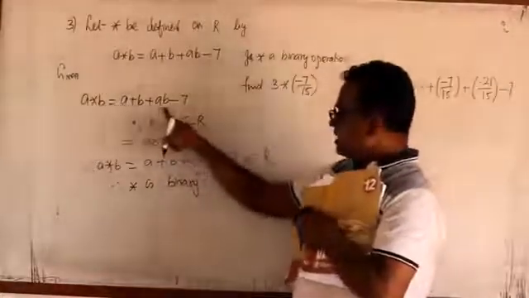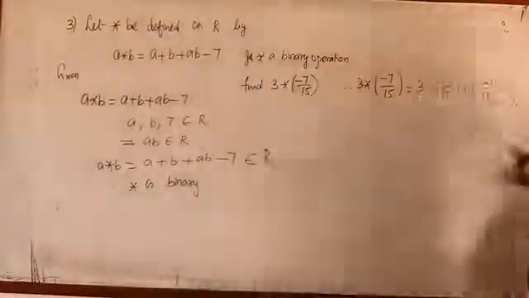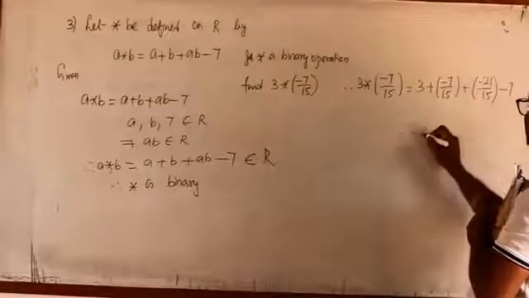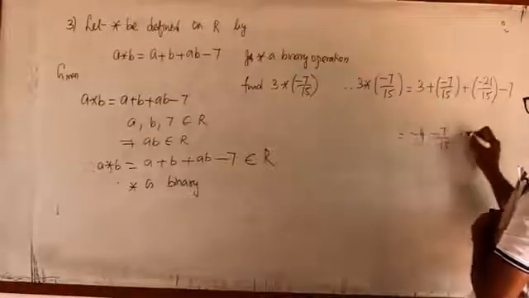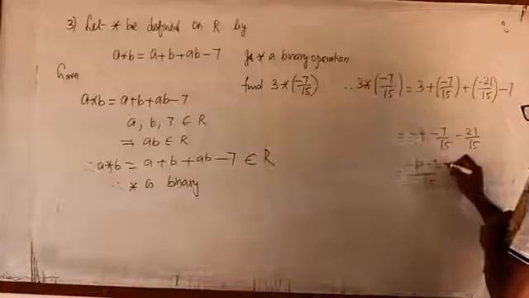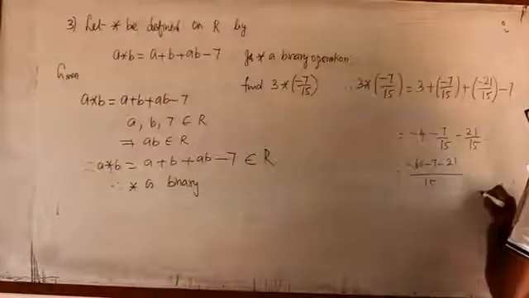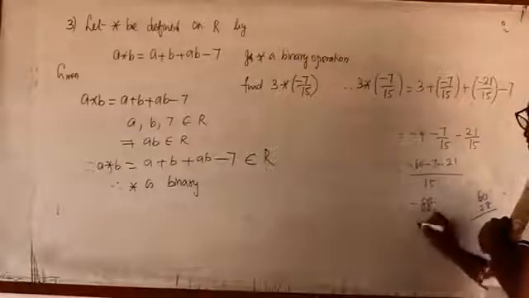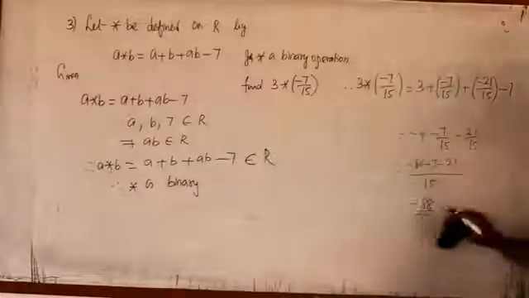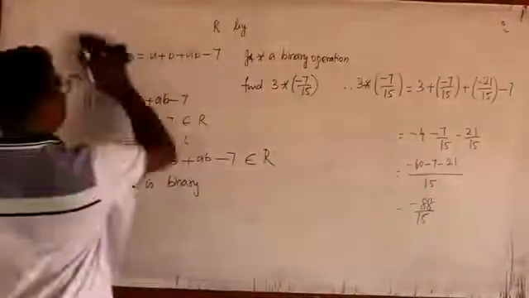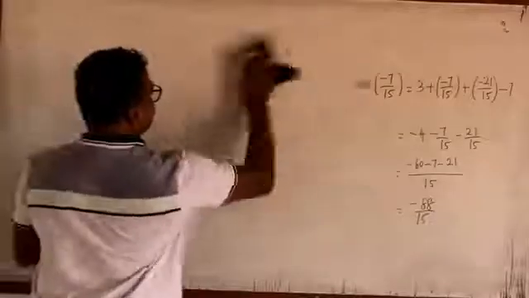Add these two numbers, multiply those two numbers, and subtract 7. Now, 3 minus 7 is minus 4, minus 7 by 15, minus 21 by 15. Let me keep 15 as LCM: minus 60, minus 7, minus 21, minus 60, minus 28, minus 88 by 15, which is a real number. Though it is a fraction, it is a real number. Therefore, this is the answer. With that, the third problem is over.